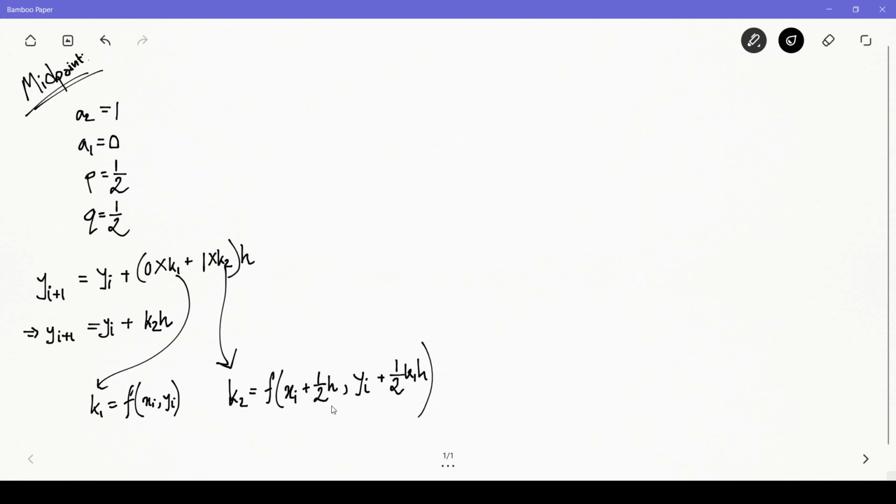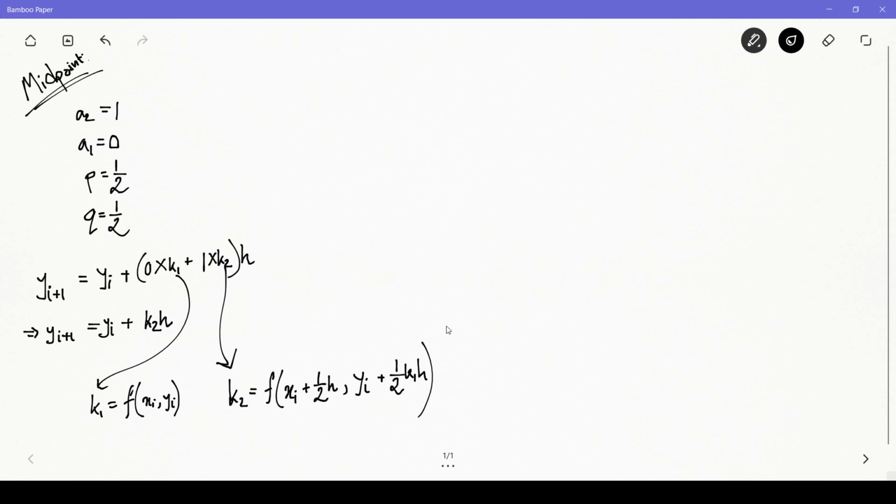If we progress halfway towards the right, whatever the value of y is at that x, we get an approximation of that value when we compute yi plus half times k1 times h. So we have found the equations for k1 and k2.